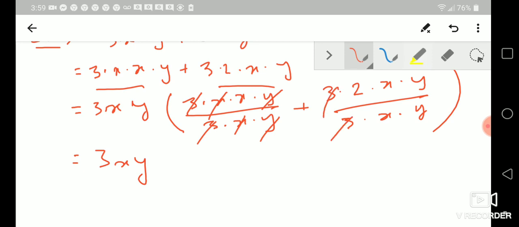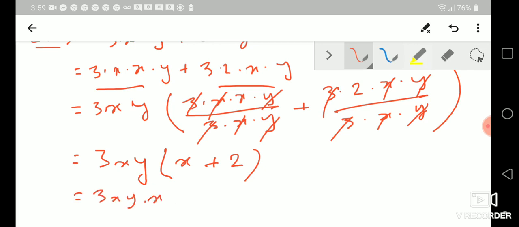And in this one, 3 is common, x is common, and y is common. So in this one we are left with x, and in this one we are left with 2.